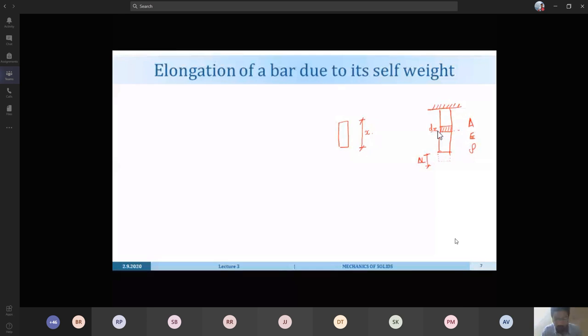We take this dx element here, and below this dx element is the portion below the dx. So what will be the weight of this portion?